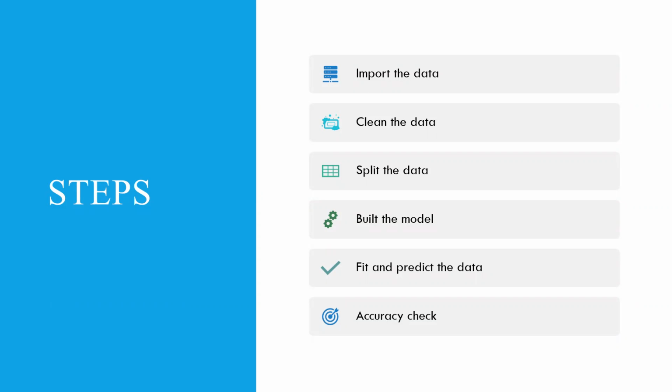So the steps that we require to fit, predict and check the accuracy are, first we need to import the data. I've already shown how to read the data and import it. Then cleaning the data and splitting the data, and we need to build the model, and also import the model using libraries, fit and predict the data, and last but not least we do the accuracy check. So let us get started.